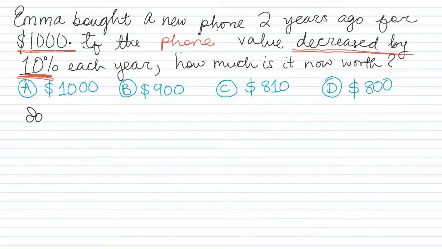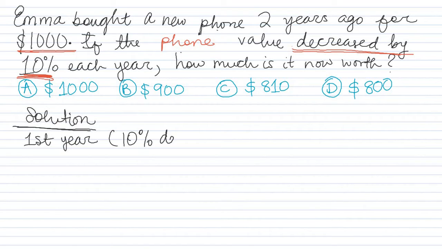The first thing you have to understand is we're dealing with trying to determine the amount something is worth after it has been decreased by 10% each year, and we're dealing with 2 years. So the first year, if you want to calculate the decrease, first year 10% decrease, right?